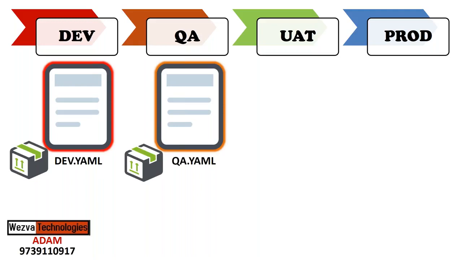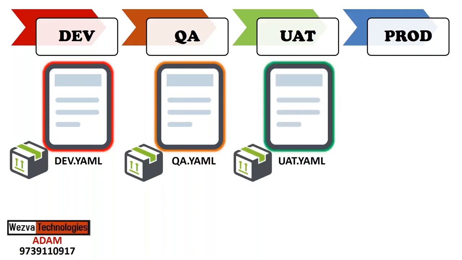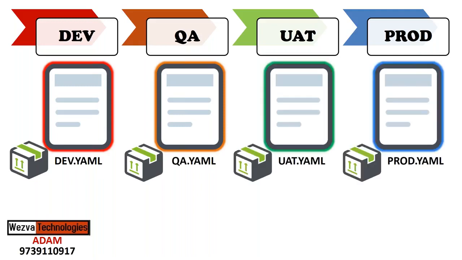Right? So when I create a chart for QA, I need to make sure all the values are specific. The same way when you move to pre-production or production, the chart should contain a manifest, and the manifest should have the values specific to each environment.